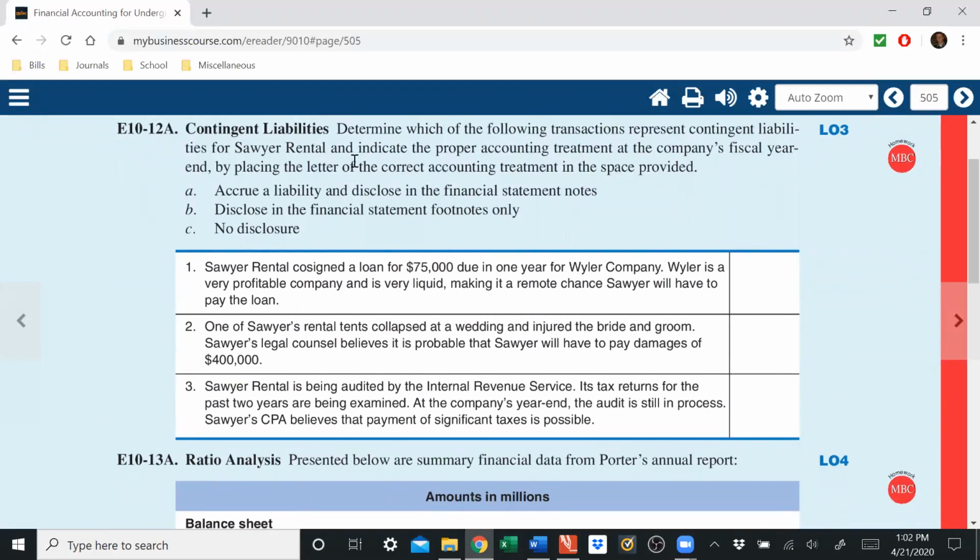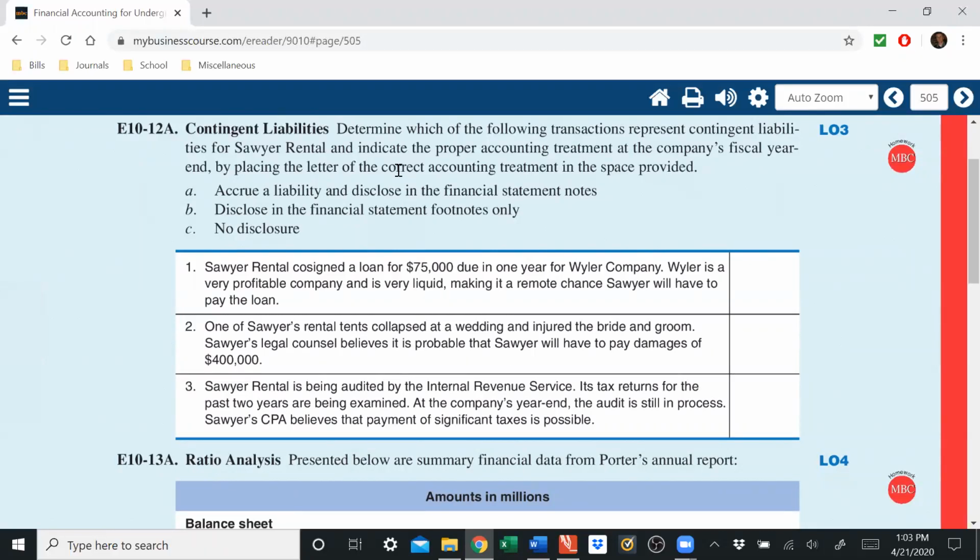12A is basically, you have to understand there's 2 criteria for whether a given contingent liability shows up on the financial statements. You have to make a journal entry for it. If the given thing satisfies both criteria, then you have to make a journal entry and it shows up on the financial statements.